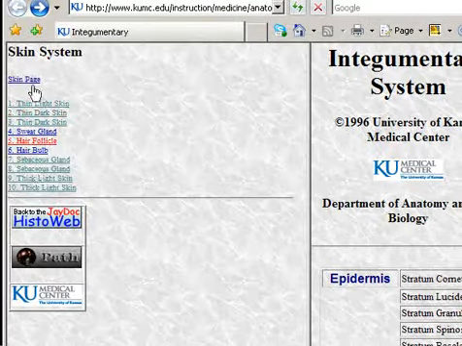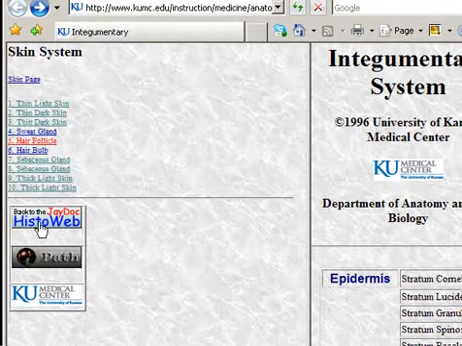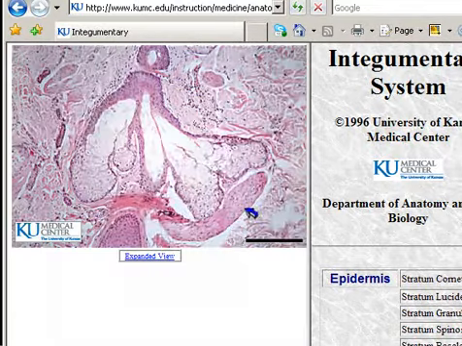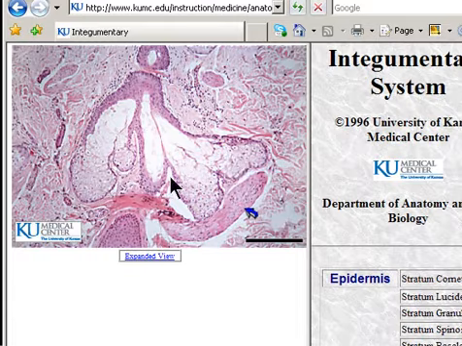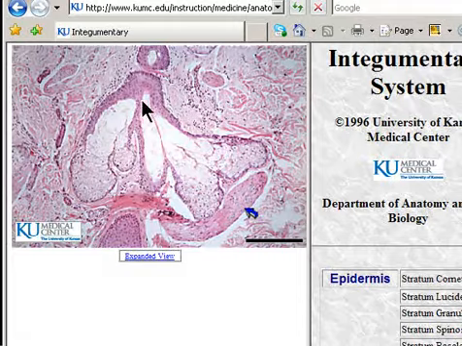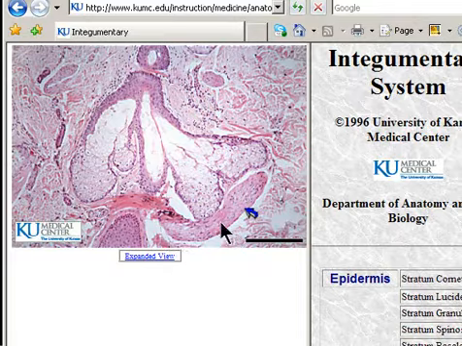So this is again showing you hair follicles. Here again, it doesn't show you the top layer, but this is thin skin taken from the histoweb, and again you can see that these are sebaceous glands. Notice all these cells, the way they look, it's kind of got a very spongy appearance, and this is the follicle which is empty here, and here again this is the erector pili muscle.